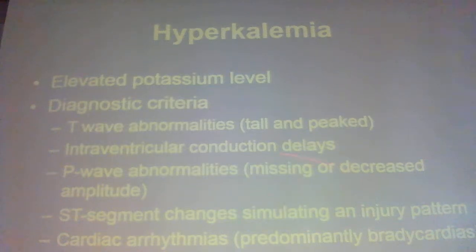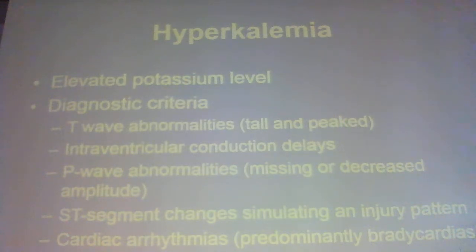Hyper K, high potassium level. What's normal potassium? 3.5 to 5. Okay? We don't worry about it too much until it gets above 5.5-ish. When you get to 6.8, you start seeing those big monster T waves. The heart is very, very sensitive to potassium and it does not like it. Doesn't like high or low, but specifically doesn't like high potassium.